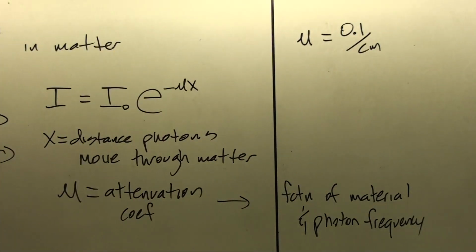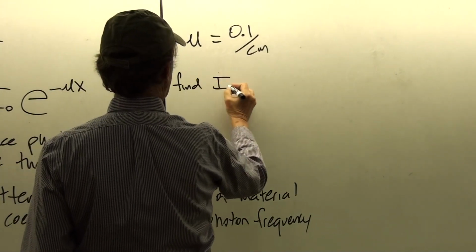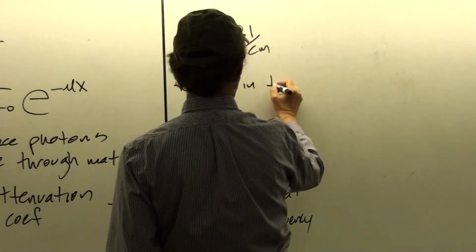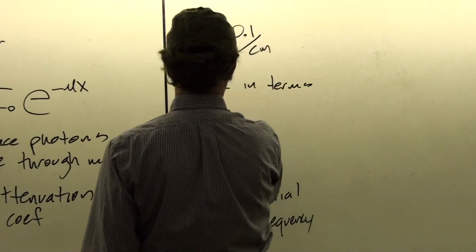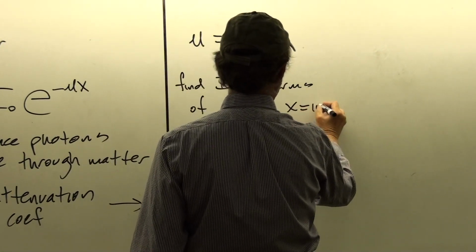Okay, I mean, you could change the units if you want, but let's just say that for this example, we want to find I in terms of I naught, if x is equal to 10 centimeters.